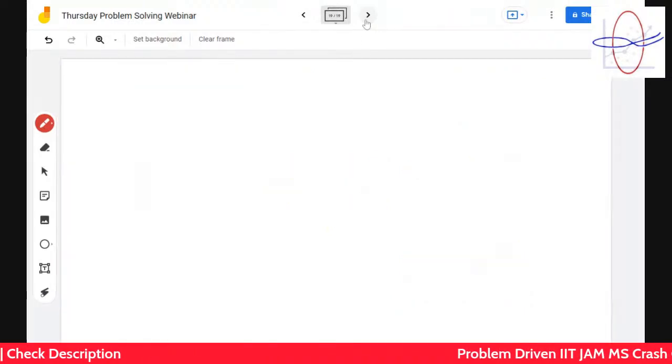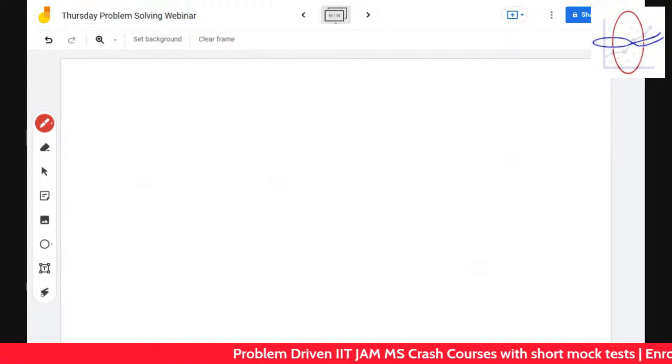So let's apply this and do Suryansh's doubt over here. She has given some doubts last day, I remember, on power series.